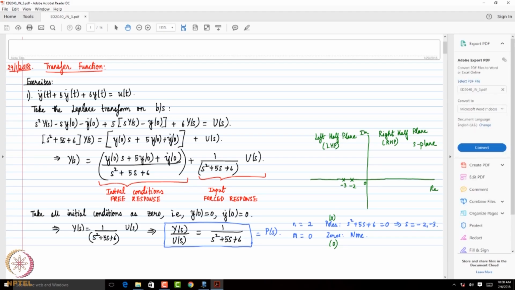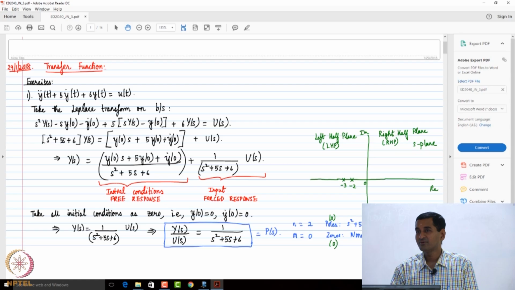If you look at the response due to the initial condition and the input, look at the first part. Since the denominator polynomial has roots in the left half of the complex plane, if you take the partial fraction expansion of the first part, what are we going to get?